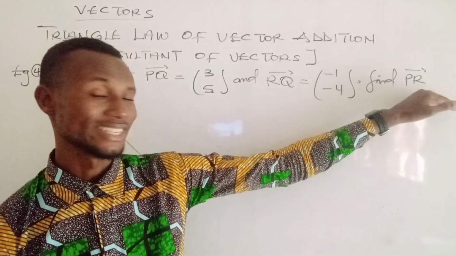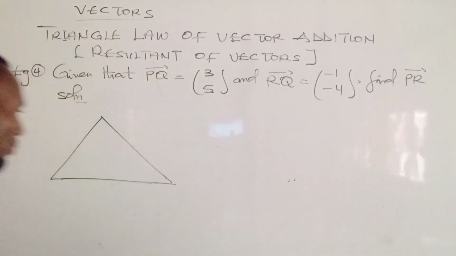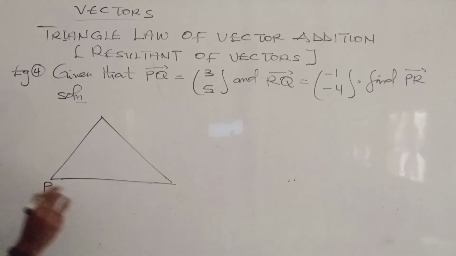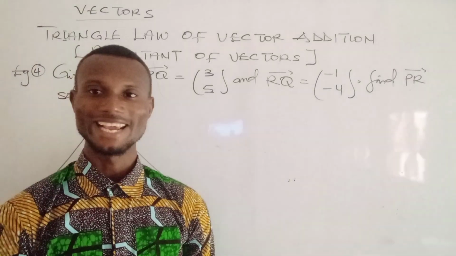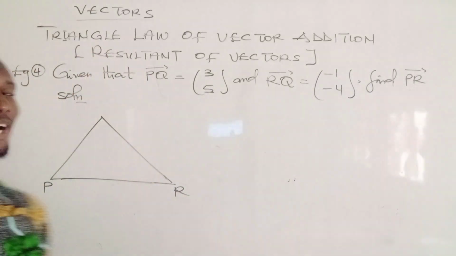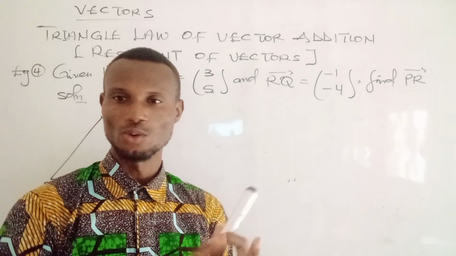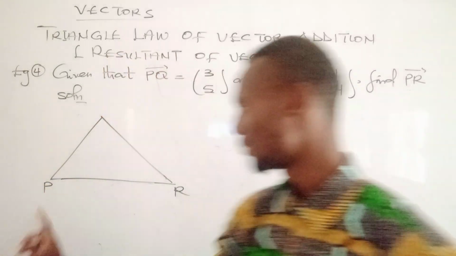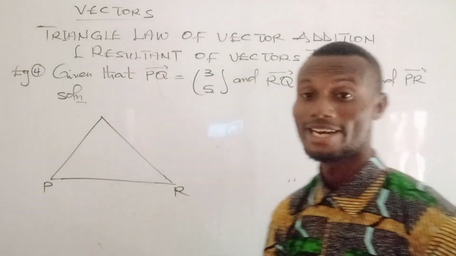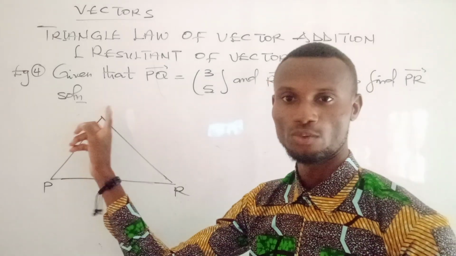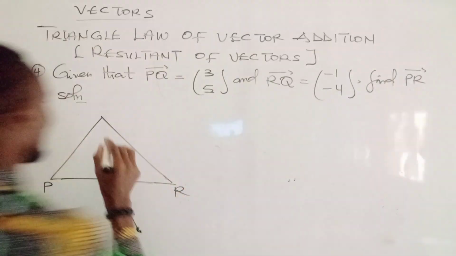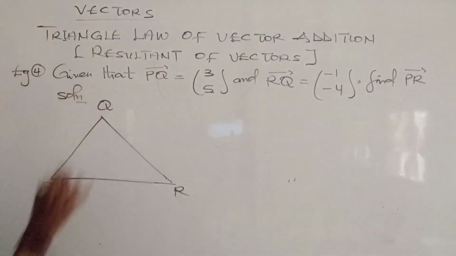We are finding vector PR, so I'll bring my P here and my R will come here. Then it becomes obvious that the Q will come to this part because in the question we have 3 letters, P, Q and R. So having P here and R here, it's obvious that this here will be Q. So I'll put my Q here.